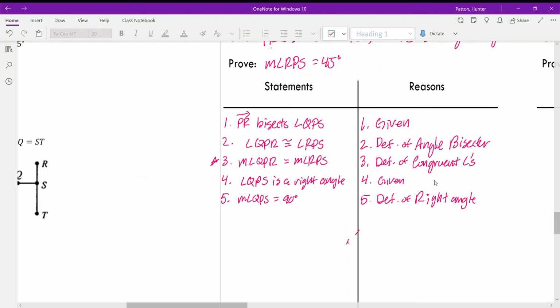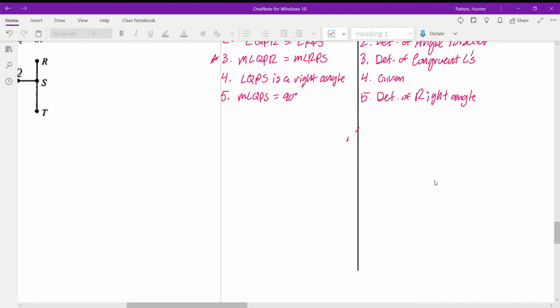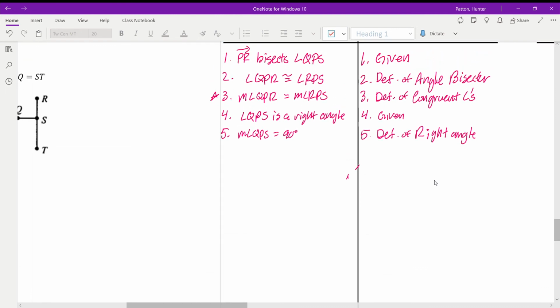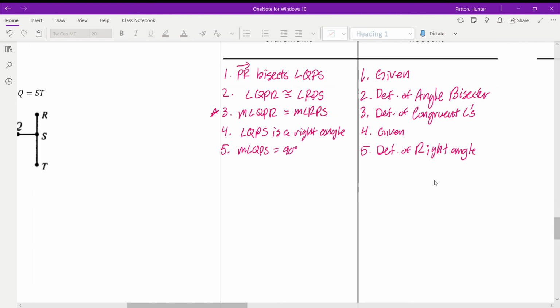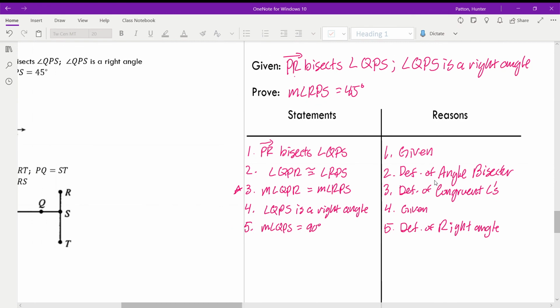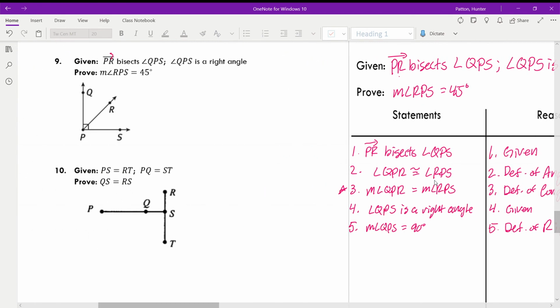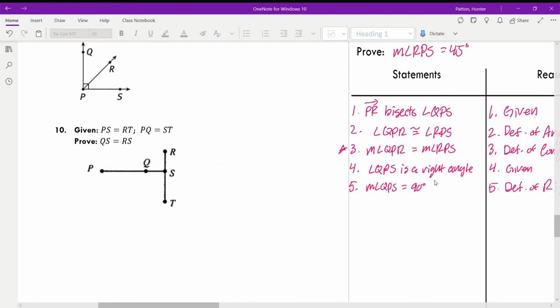Alright, I'm trying to get RPS again. So, what do I know? Okay, here we go. Now that QPR and RPS are equal, I want a statement that talks about QPR, RPS, and QPS all together. Look at our picture. QPR plus RPS equals QPS, right?